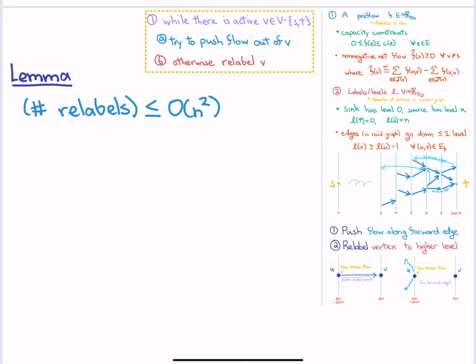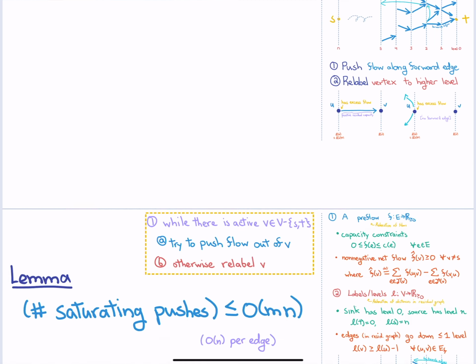Yeah, the maximum was 2n, and they started at 0. So a single vertex can only get relabeled like 2n times or something like that. So n times n, and you get n squared. Okay, good. That one's the simplest one.